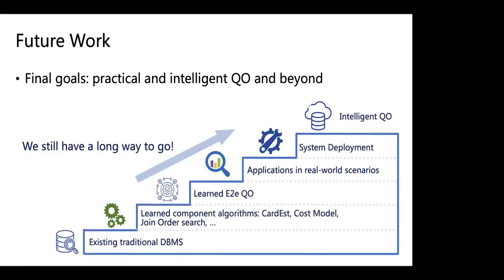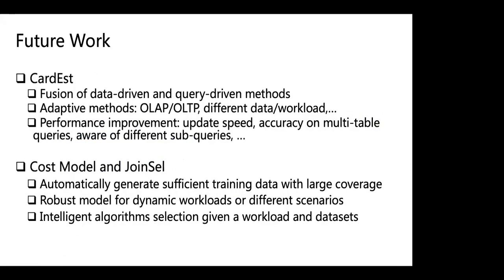In the future, our final goal is to achieve a practical and intelligent query optimizer and beyond. We still have a long way to go. For cardinality estimation, maybe a fusion of the data-driven and query-driven methods would be helpful. We also need to develop adaptive methods that adapt to different query workloads, OLAP and OLTP, and different data.